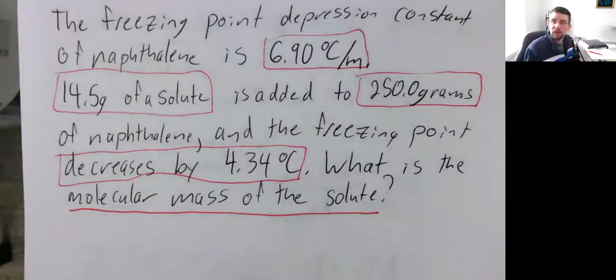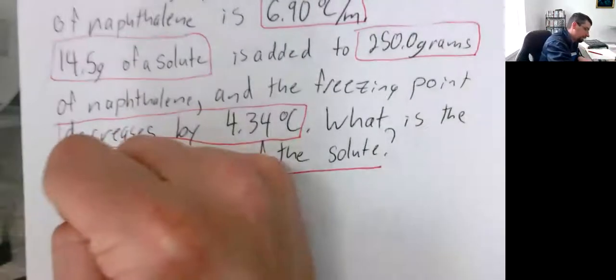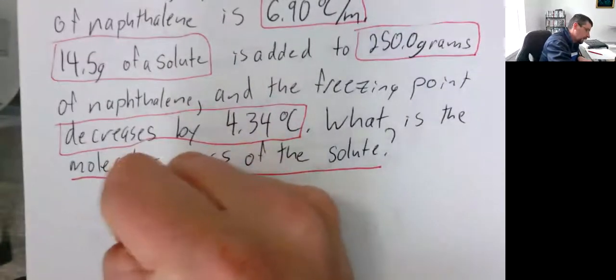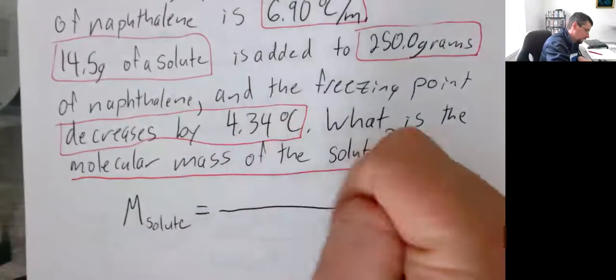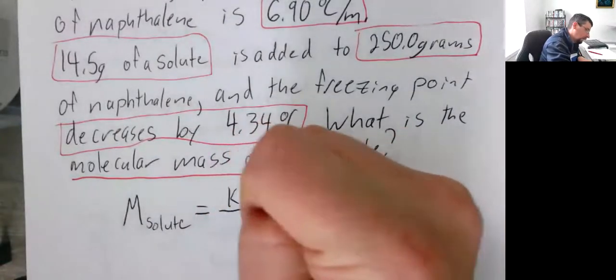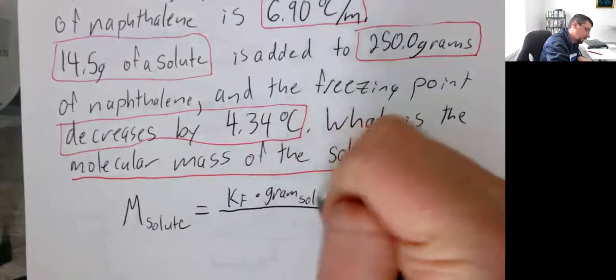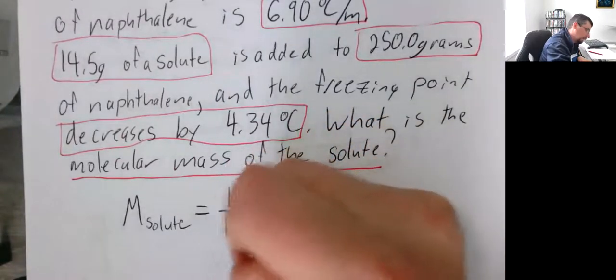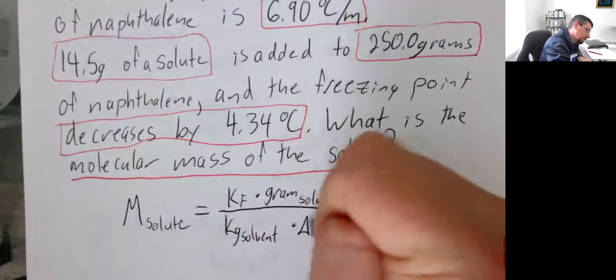Now all we have to do is utilize that equation that we previously had. The molecular mass of the solute is equal to the freezing point depression constant times the grams of solute divided by kilograms solvent times delta TF.